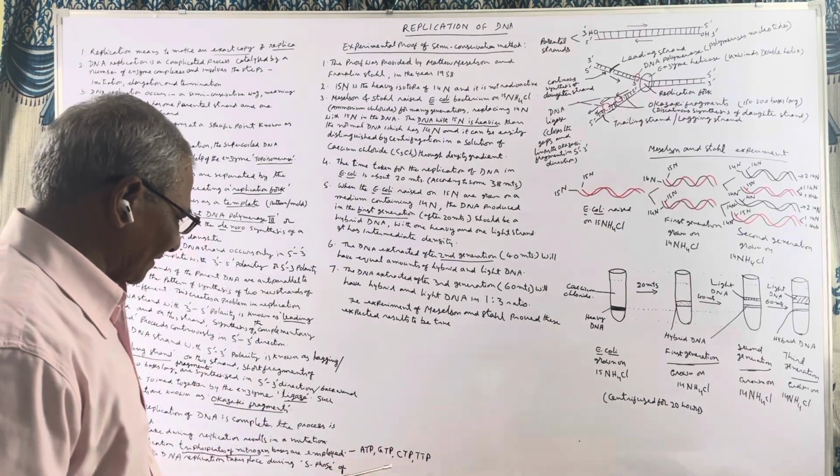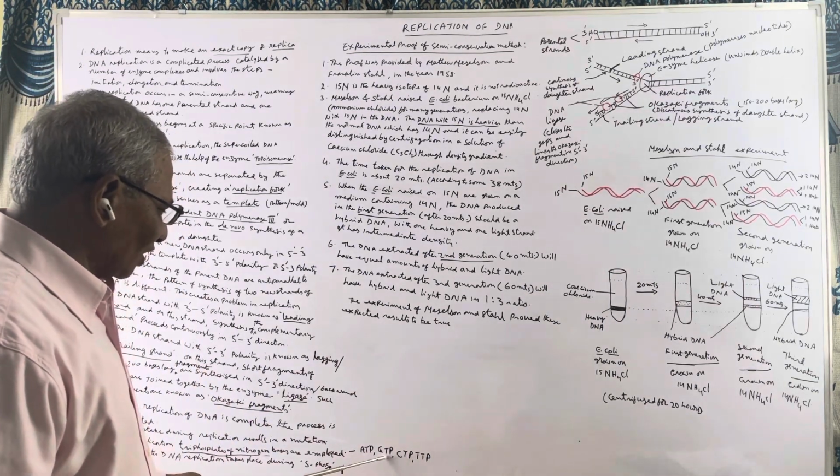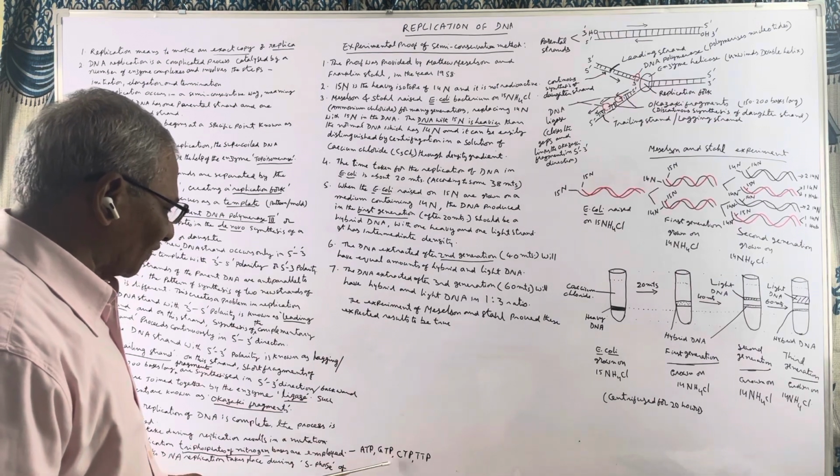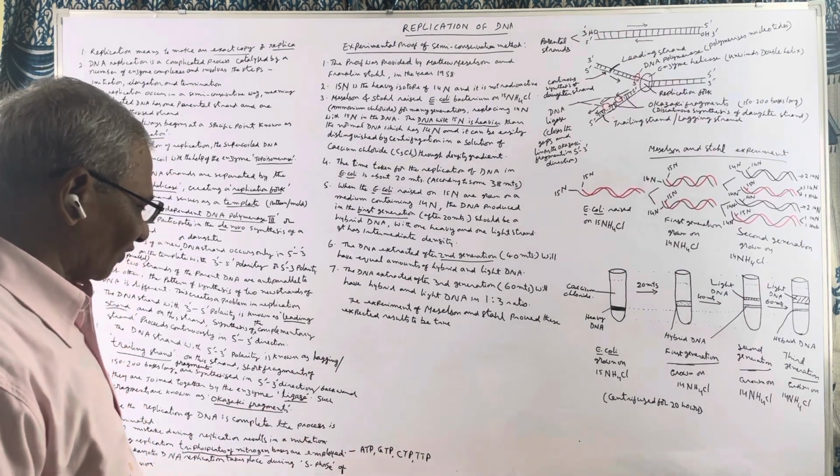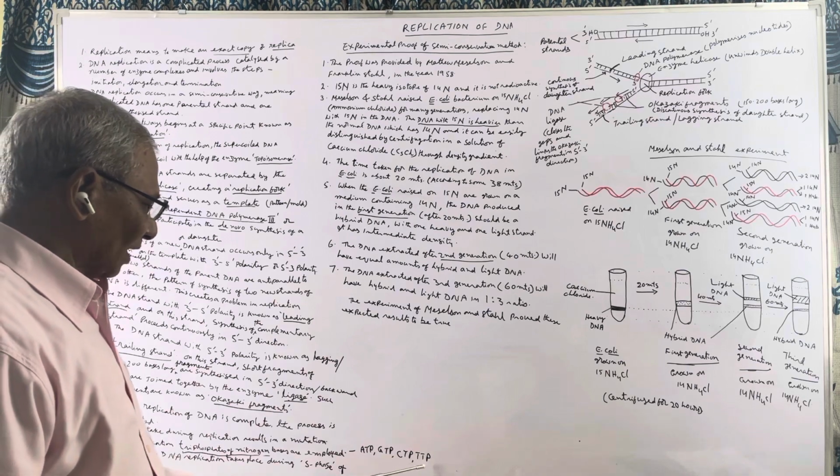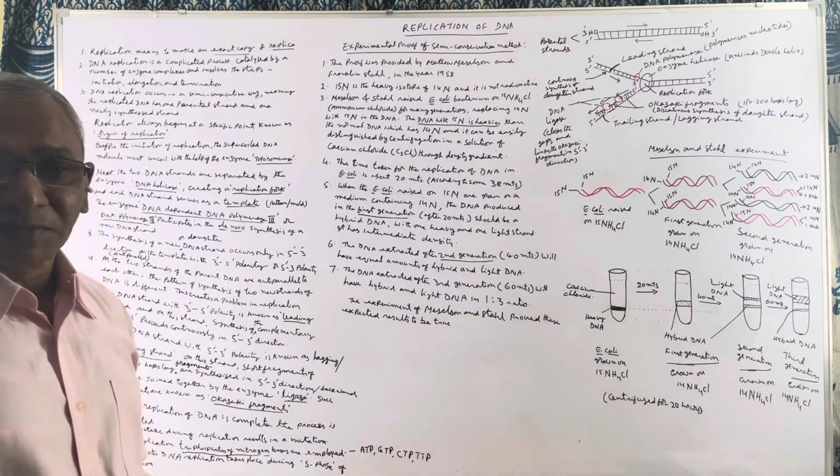It has a lot of energy. Similarly, guanine occurs in the form of guanine triphosphate. Cytosine occurs in the form of cytosine triphosphate. Thymine occurs in the form of thymine triphosphate.